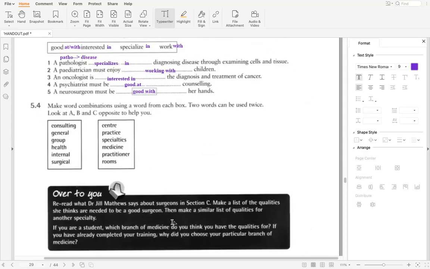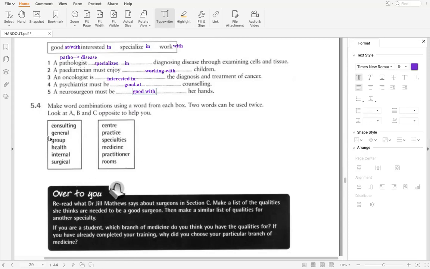Make word combinations using a word from each box. Two words can be used twice. We have counseling, we have consulting, we have general, group, health, internal, and surgical. We have here center, practice, specialties, medicine, practitioner, and rooms.